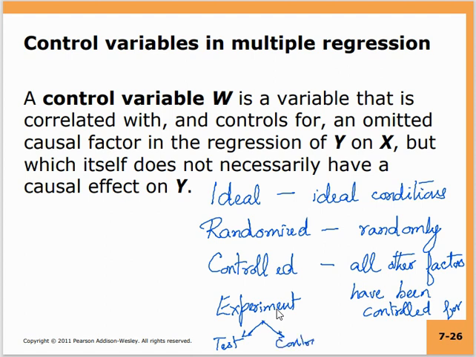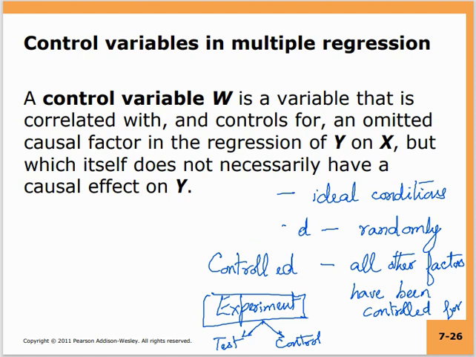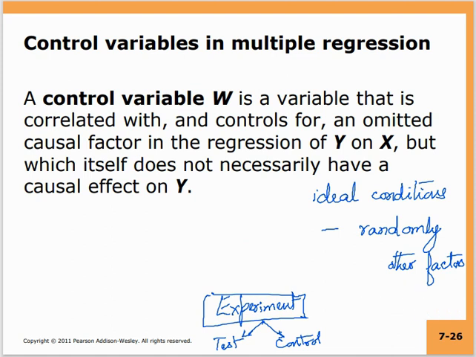As we know, with observational data, the experiment part of it becomes a little tricky because we cannot really assign our subjects to the test and the control group, but we can try to mimic the ideal randomized controlled part of it, even if we cannot mimic the experiment part of it. Mimicking the control part is where the control variables come in.